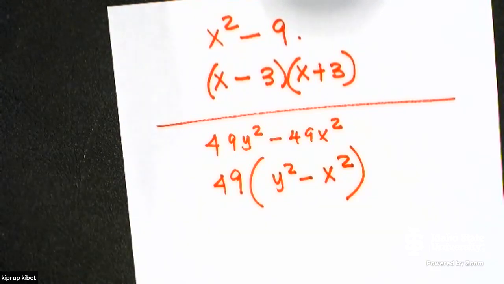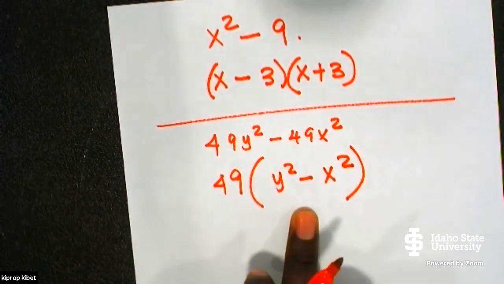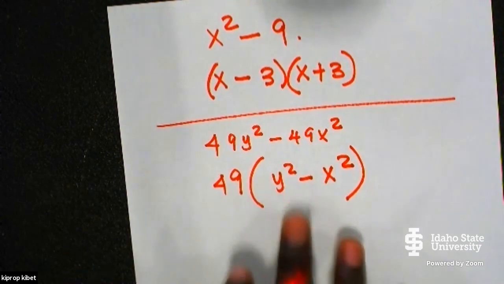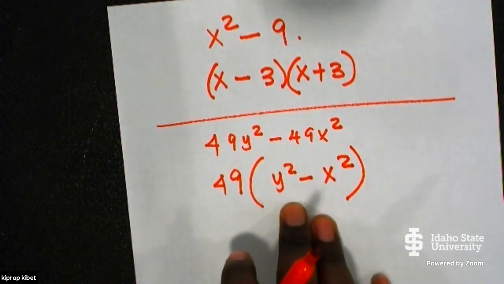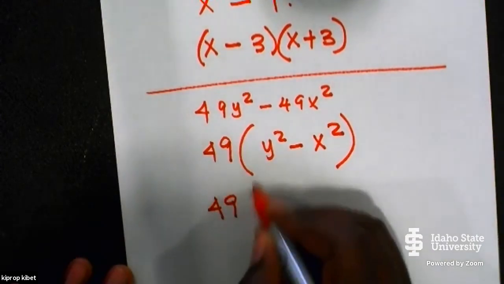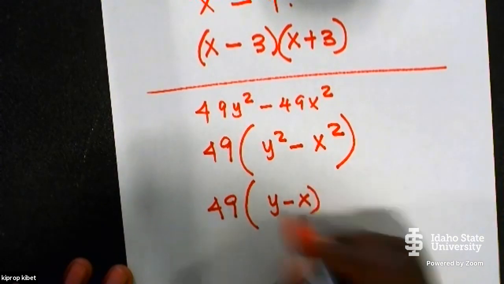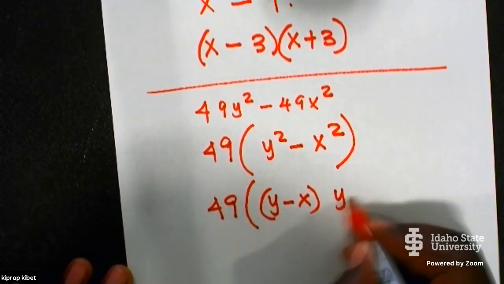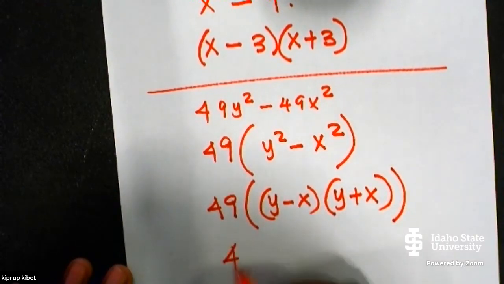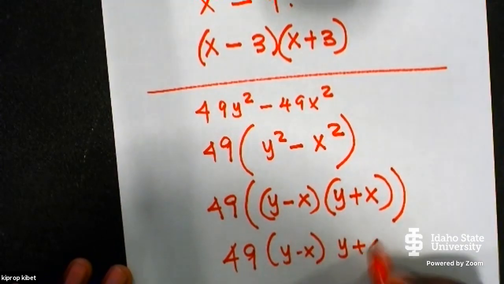The one in the brackets is a difference of squares. So that is 49, and what is inside will be y minus x, y plus x.